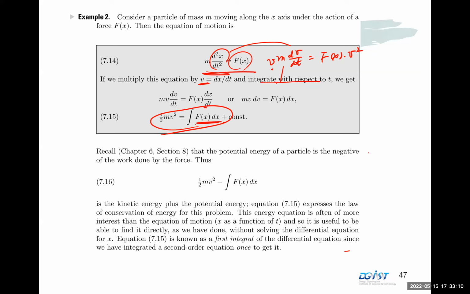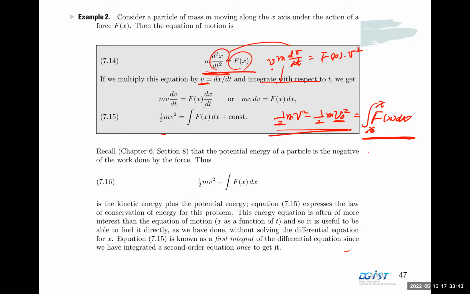So this equation implies the kinetic energy is nothing but this. If we consider the initial condition, this is the initial velocity, and the integral runs from x0 to x. So the work done by force F corresponds to the change of the kinetic energy.